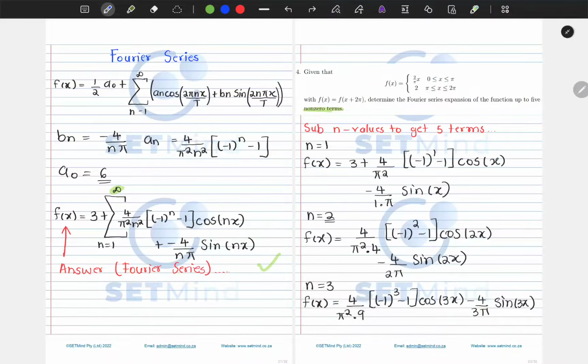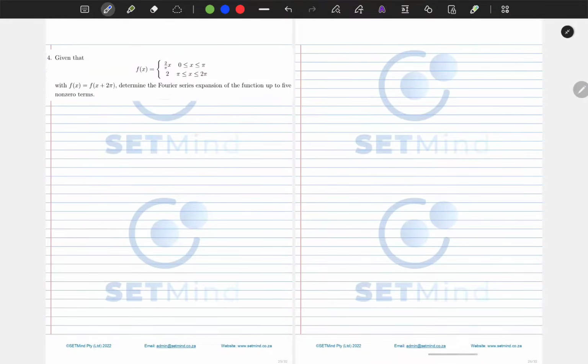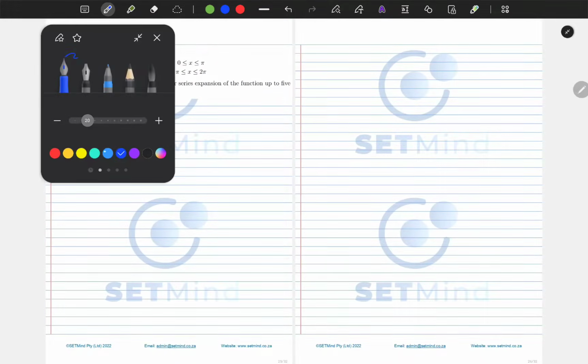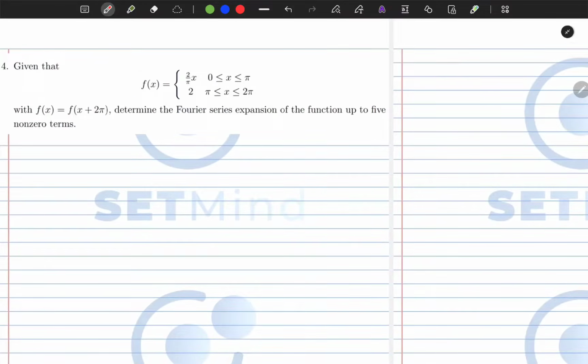And in closing, a skill that might be useful is for you to be able to plot the graph. And plotting the graph is very useful when they require you to evaluate your Fourier series at a certain point. So let's have a look at how our graph will look. So we'll plot the graph.